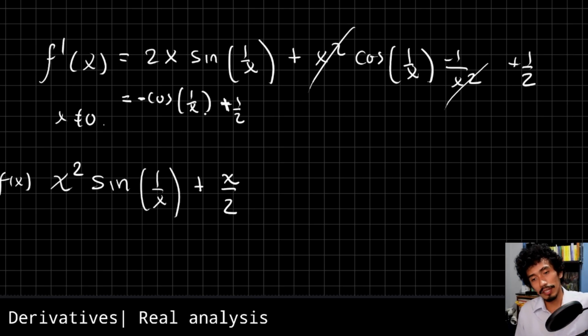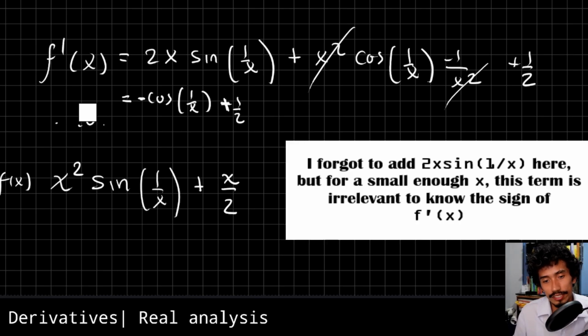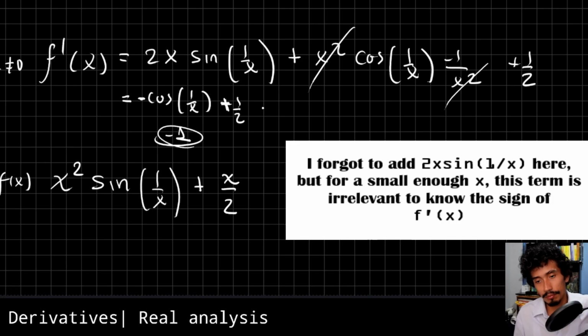So for some values of x, this thing will be negative, because cosine could be minus 1, and so this will be minus a half, but only for some values. And for other values, this could be 3/2. So this derivative goes on and on.